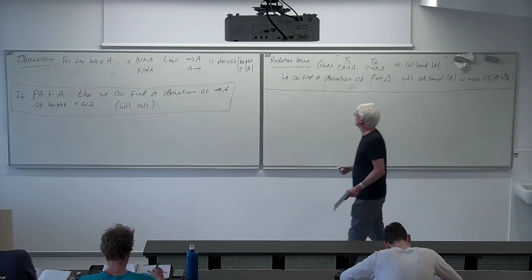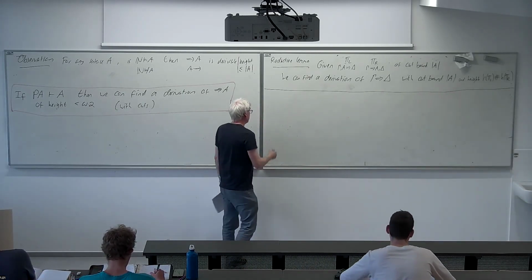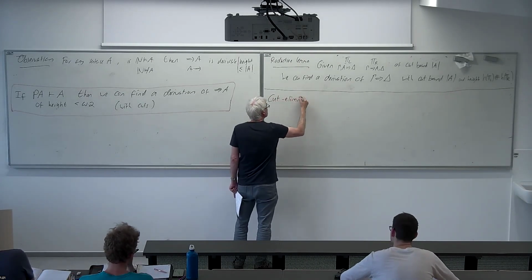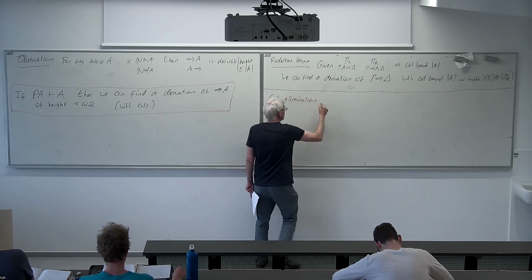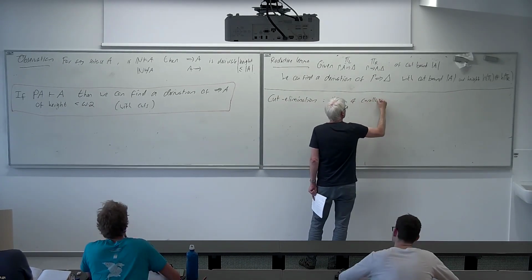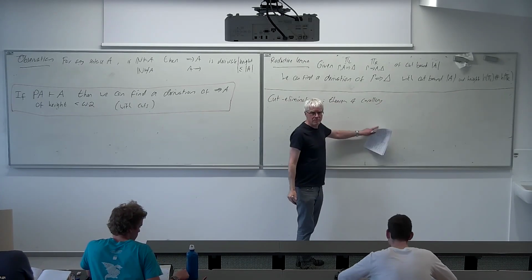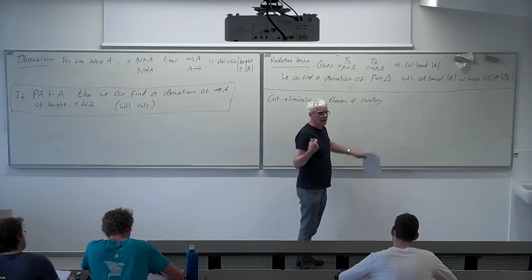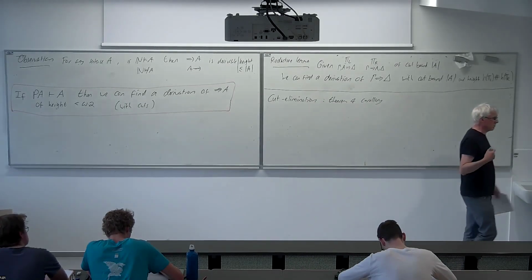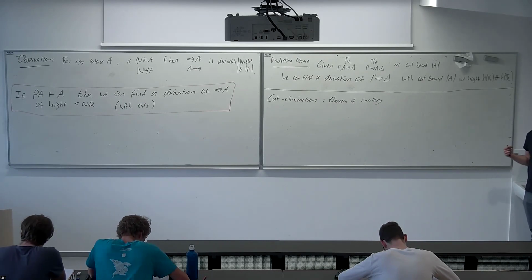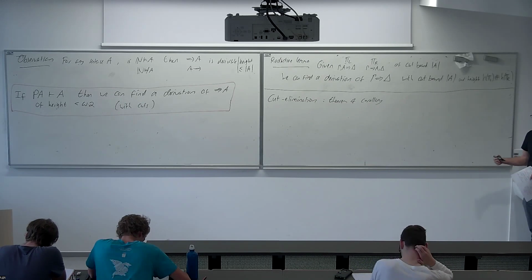And given this, the cut elimination theorem and corollary have exactly the same statements as before. That is, if you've got cut rank k plus 1, then you can find a derivation with cut rank k of height at most 2 to the height of the original derivation.